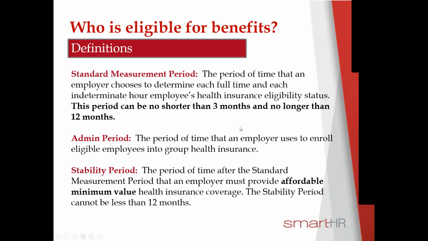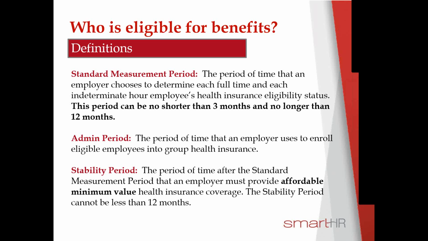That was very detailed out in the regulations, and that's where these measurement periods come into play. So the idea is that you're going to have an ongoing standard measurement period that's really tracking the hours of those employees that you haven't defined as full-time, and it's tracking them over most likely a 12-month period of time.